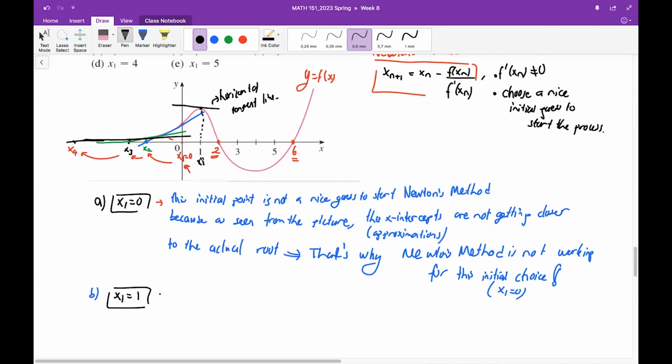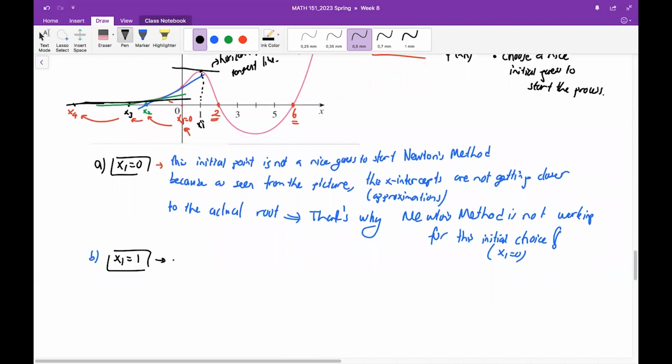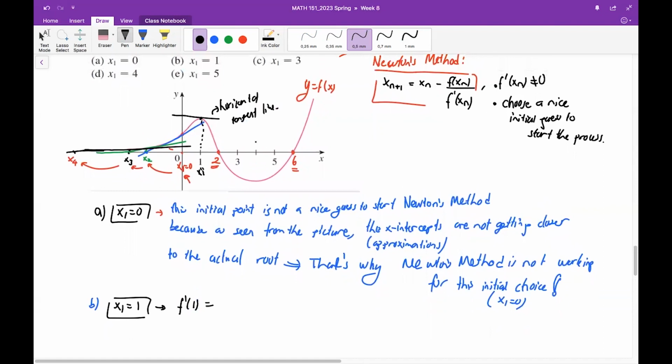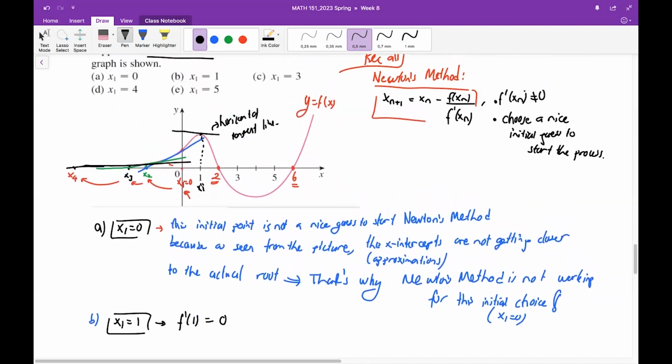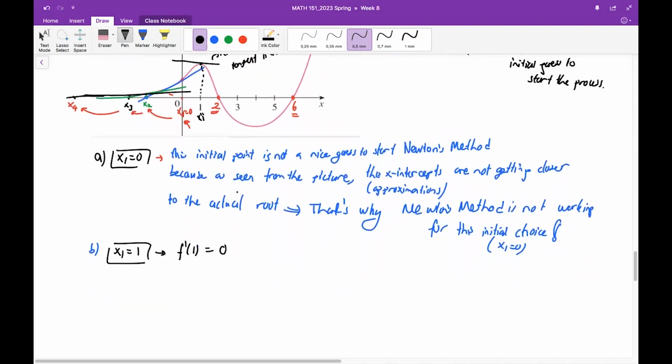You see, what is wrong with this initial choice is the following. For x1 equals 1, the first derivative at 1, which is the slope of the tangent line, is in fact 0, which is forbidden in the process, right? Which is not a valid starting point.